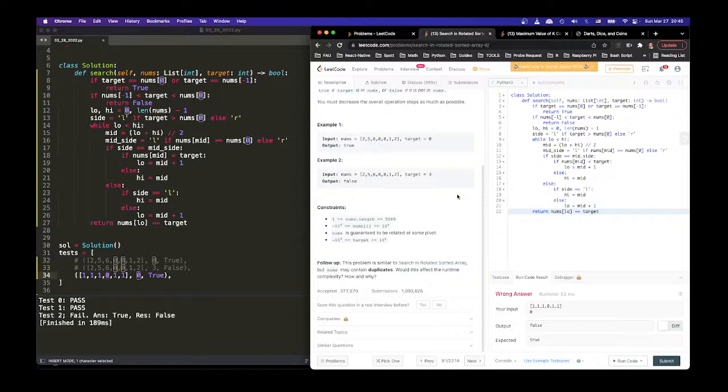Or you could try to find the smallest value. If you find the smallest value, then using that we can determine it alone. Let's say we have the smallest value. Then the mid is compared to the smallest value.